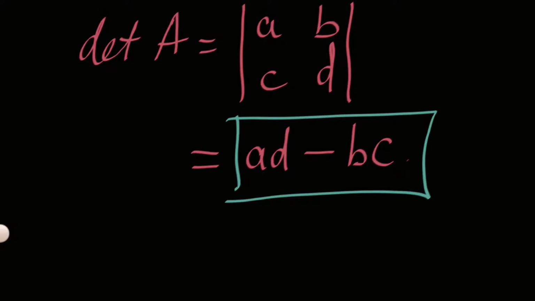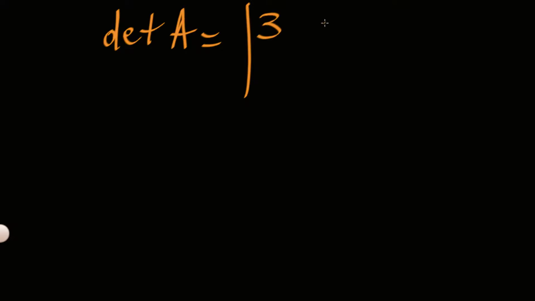Let me do it with some numbers here so that you can see what I'm trying to do. We have det A being a straight line, so we have here 3, 2, 7, and 8. We call them the elements.